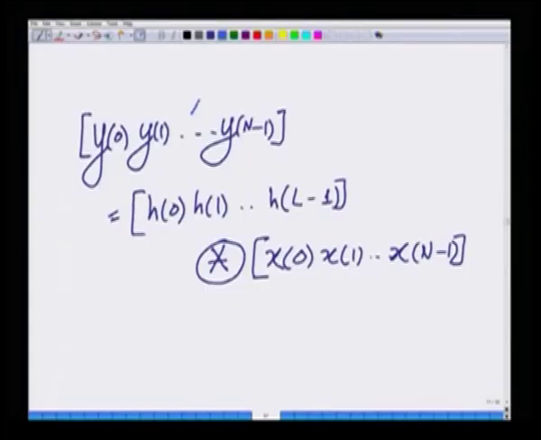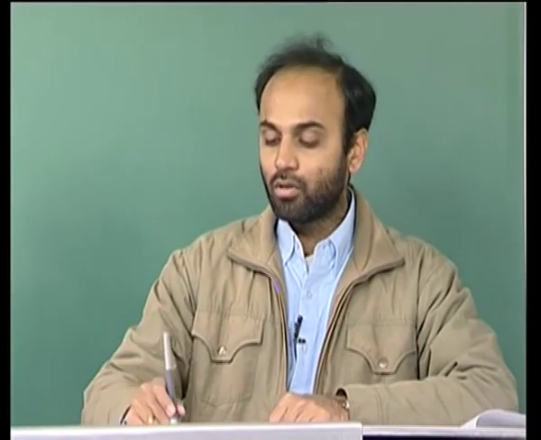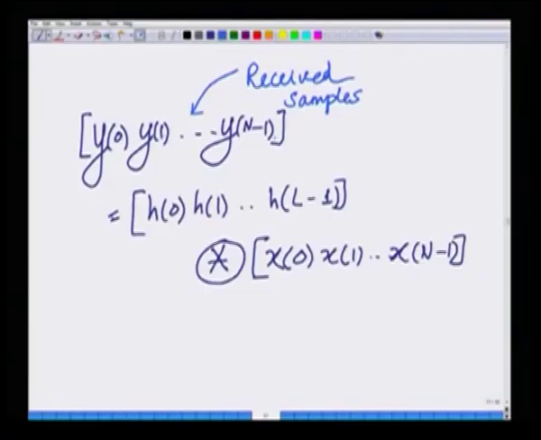These are the received samples. Okay, y0, y1, yn minus 1 are the received samples. This is the multi-tap channel filter, or this is the ISI channel, which models the intersymbol interference channel.